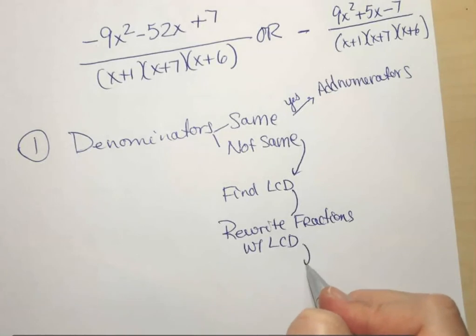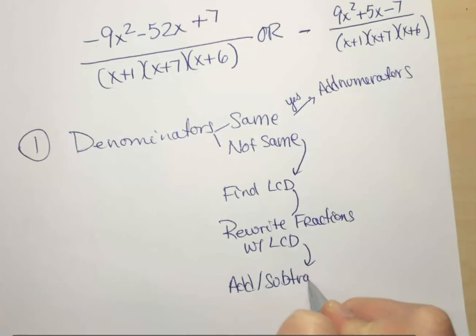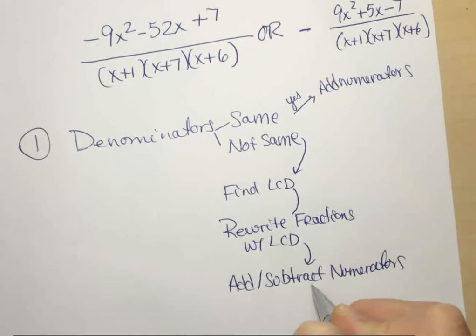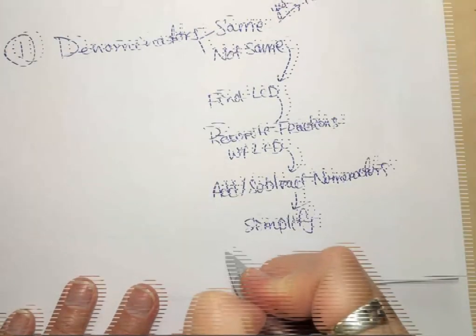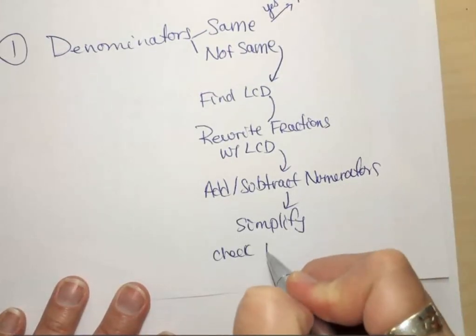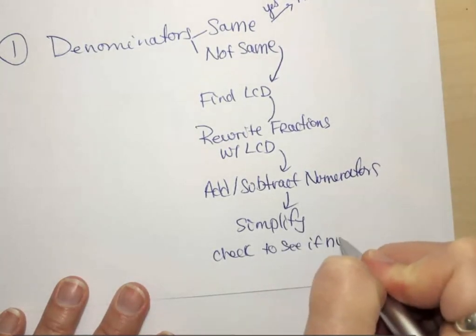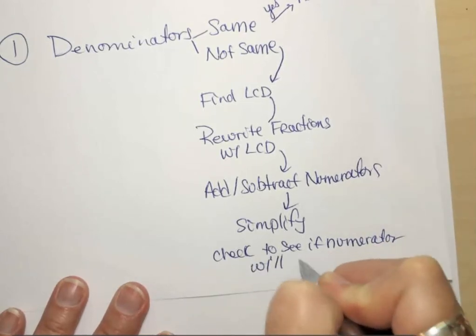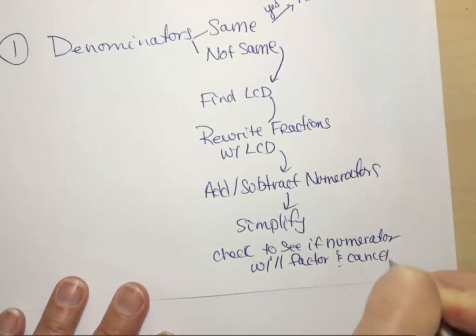Once we do that, we're going to add or subtract the numerators. We're going to simplify. And then check to see if the numerator will factor and cancel. And that's it.